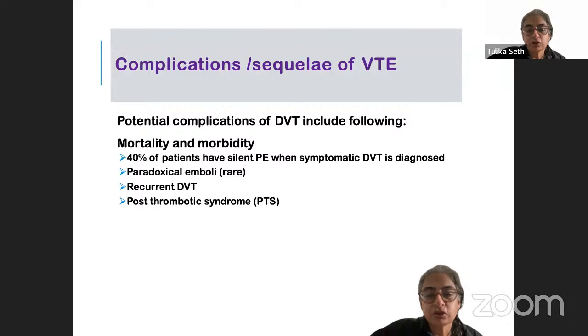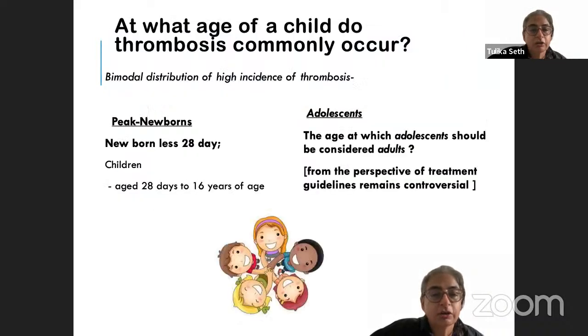Occasionally, we can have patients who have pulmonary embolism along with a symptomatic deep vein thrombosis. Paradoxical emboli can also occur. One of the problems of not treating a proper venous thromboembolic phenomena is that patients can develop recurrent thromboembolic phenomena like DVT recurrently. And that is something that is, again, going to pose more morbidity on the patient.